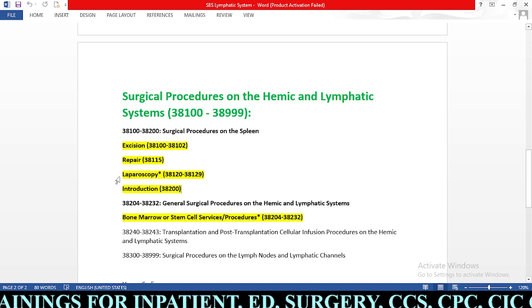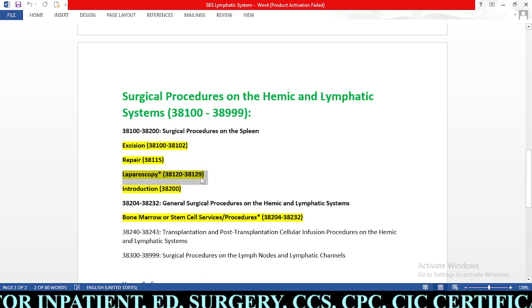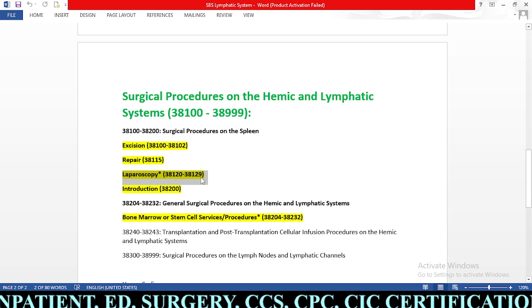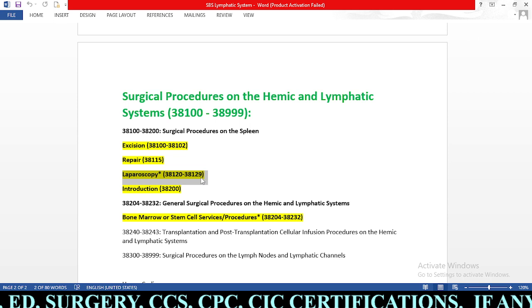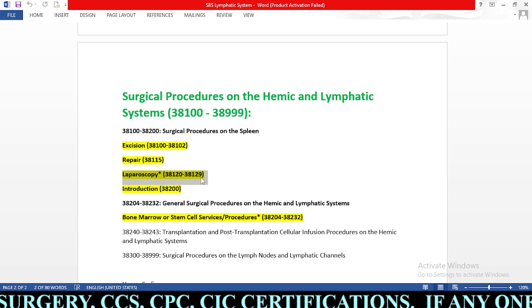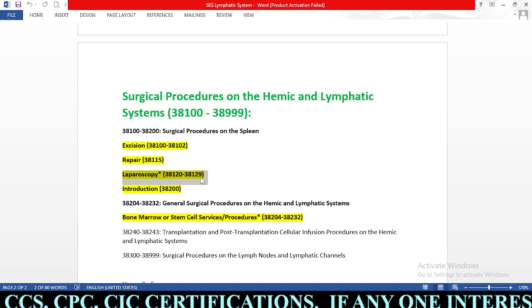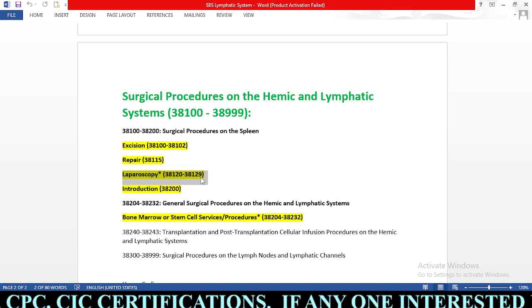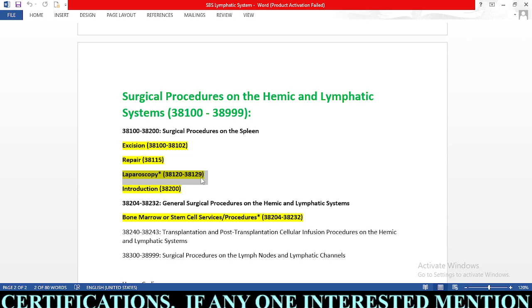Here in laparoscopy, using the endoscope the physician will remove the spleen. Here we have two codes, laparoscopy surgical splenectomy and 38129 unlisted laparoscopy procedure, spleen. So laparoscopy surgical splenectomy comes under 38120.